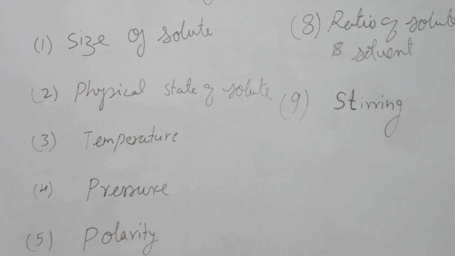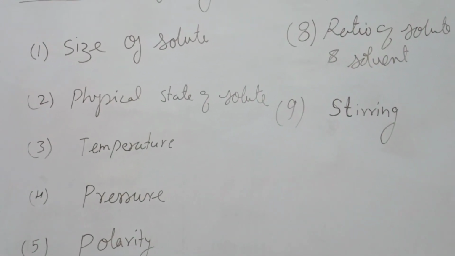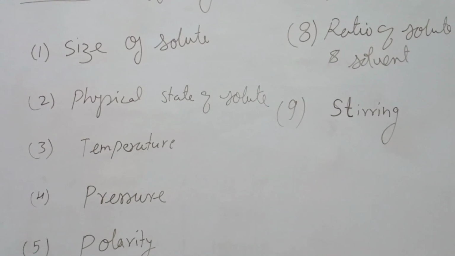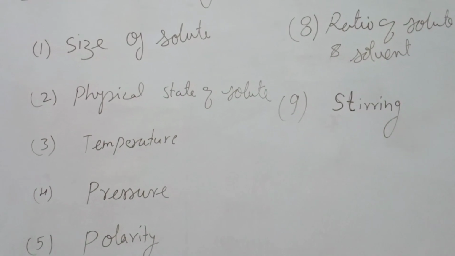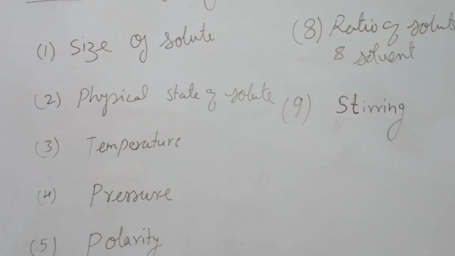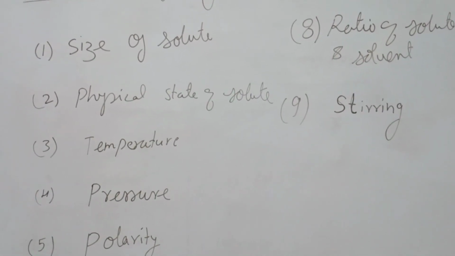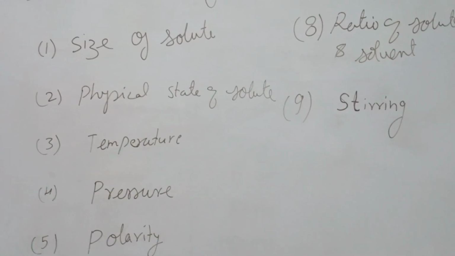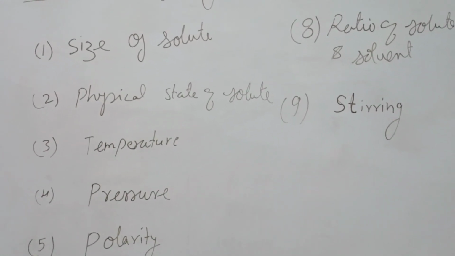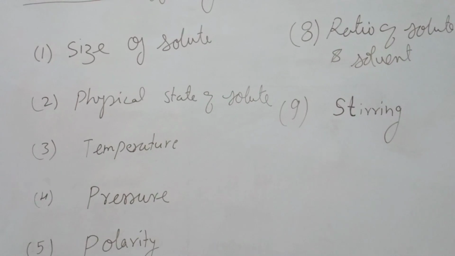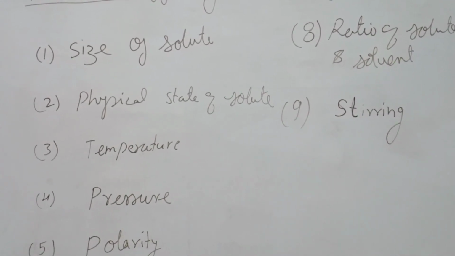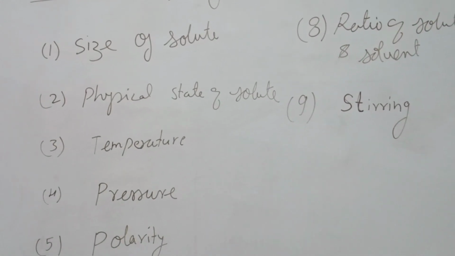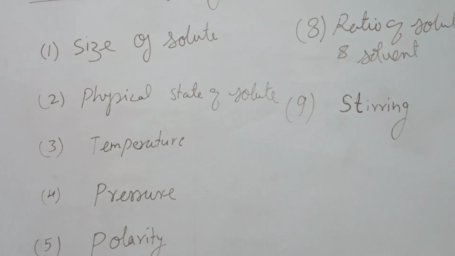So the very first factor that I mentioned here is the size of solute. This is the very first factor, which affects predominantly its solubility also. The next factor is the physical state of the solute.